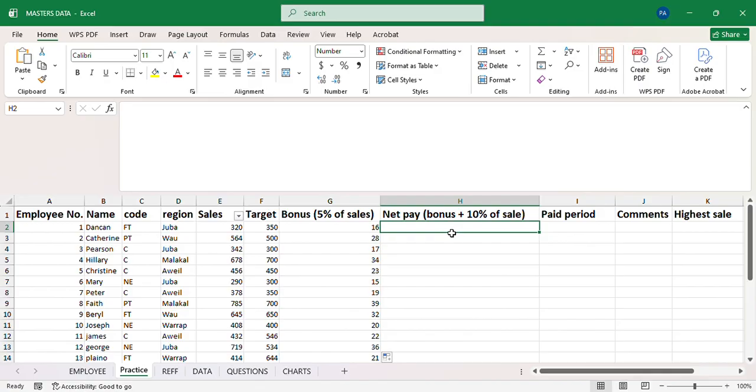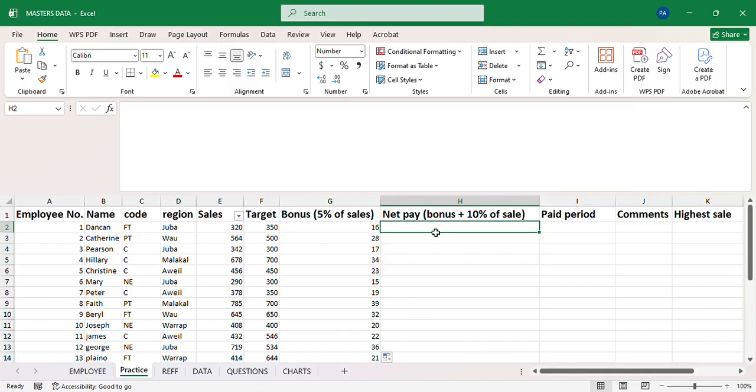Then again, we want to look at the net pay: bonus plus 10% of the sale. We are saying this is our bonus, 5%. But for this net pay, which is the bonus of 5% of the sale, we want to add 10% of the total bonus.